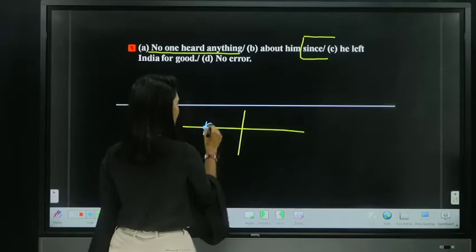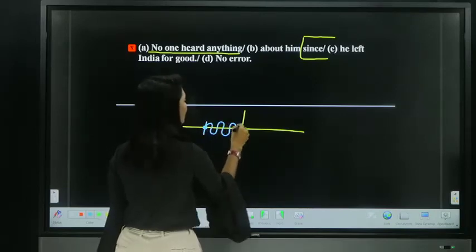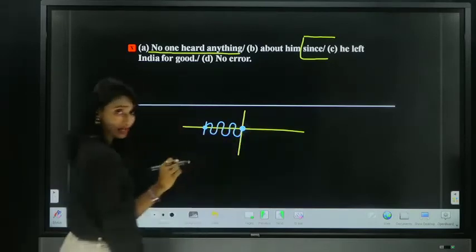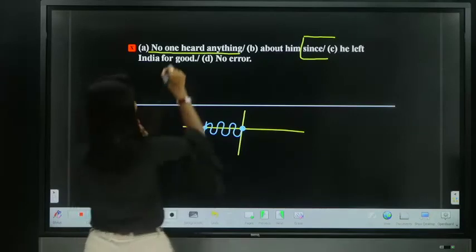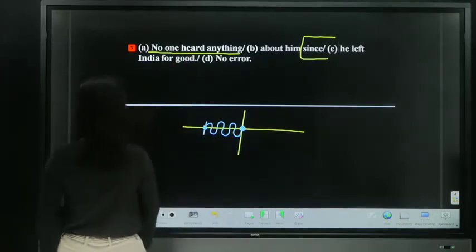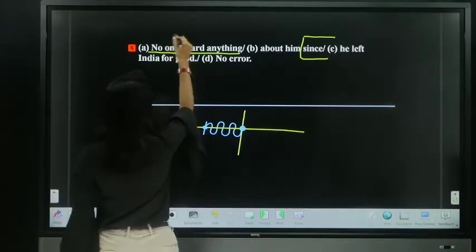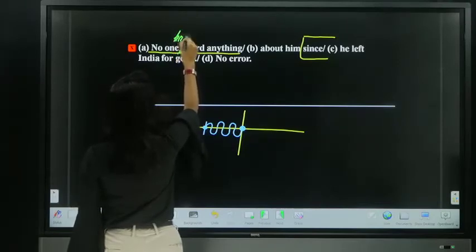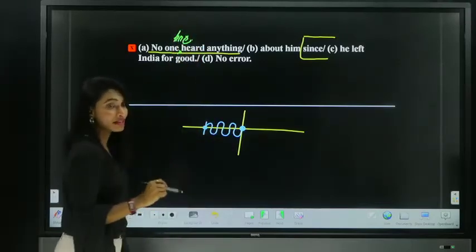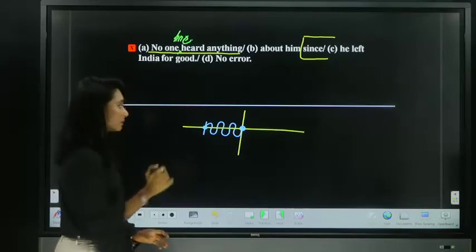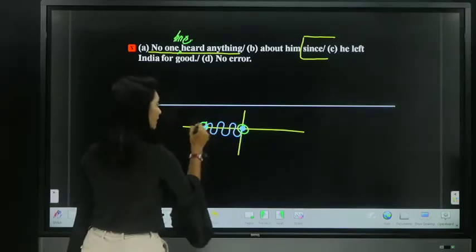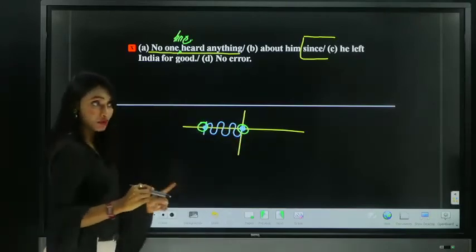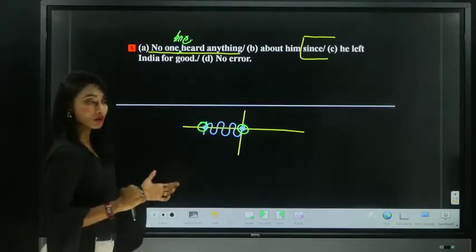Since he left India for good, no one heard anything about him. So that means till now we are mentioning. He left there and till now. So it should be in present perfect tense. So no one has heard anything about him because he left somewhere and we are talking till now. Left there till now. So present perfect tense. Well done. So let's move on to the next sentence.